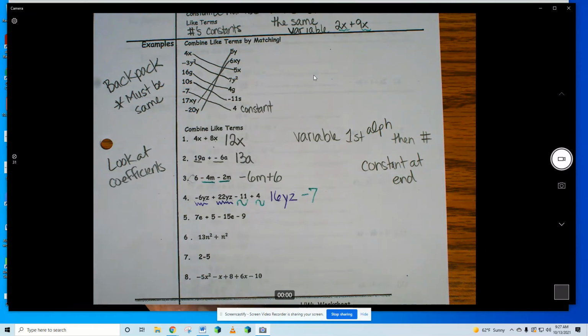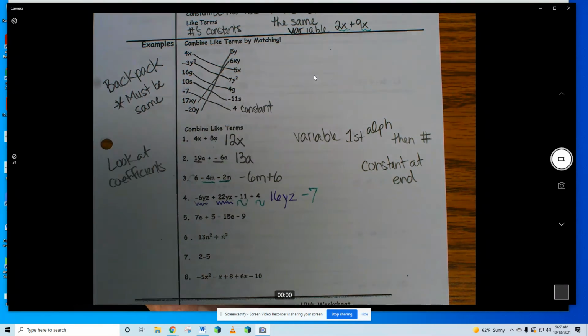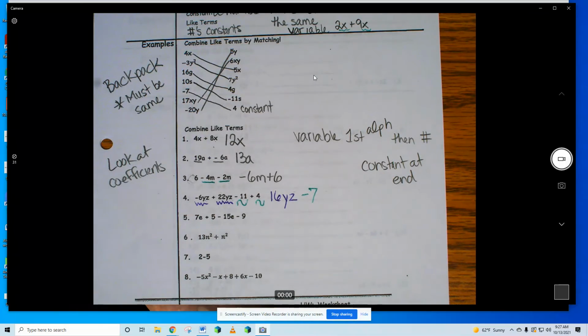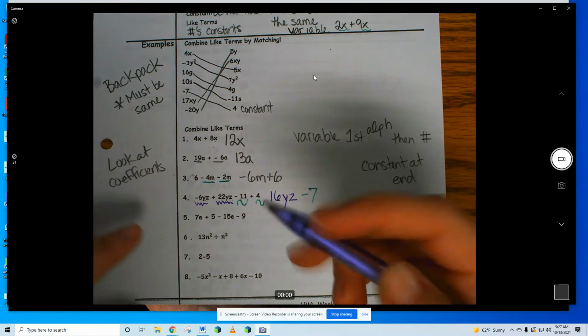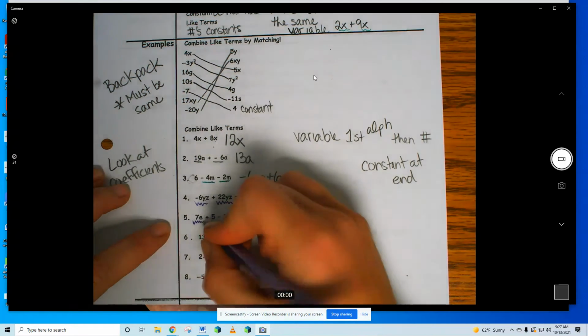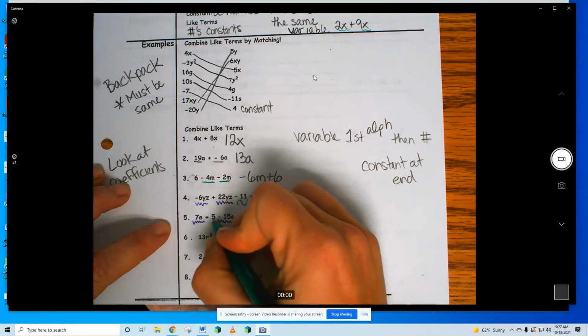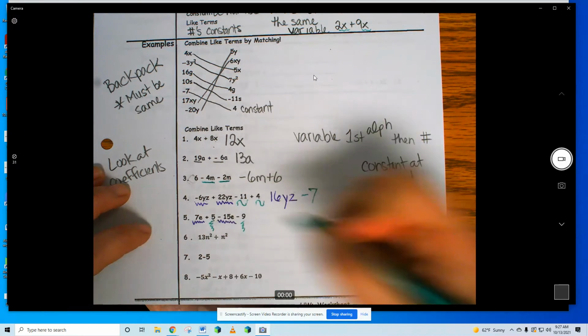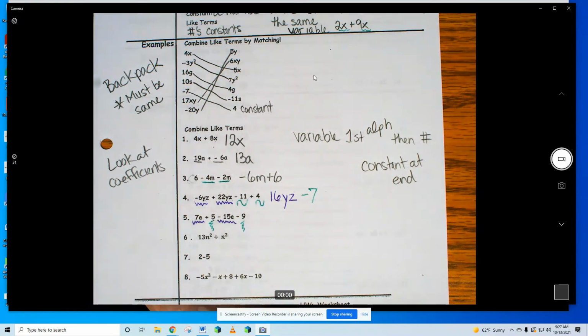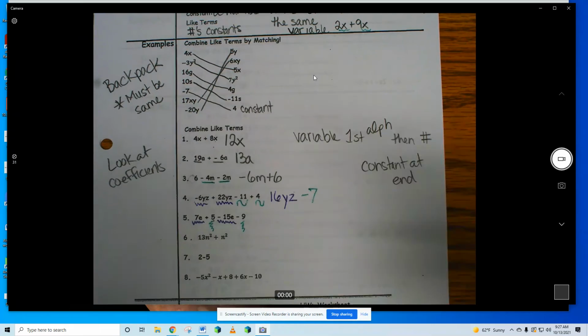Okay, number 5. Underline what's the same. 7e and negative 15e. 5 and negative 9. Okay.